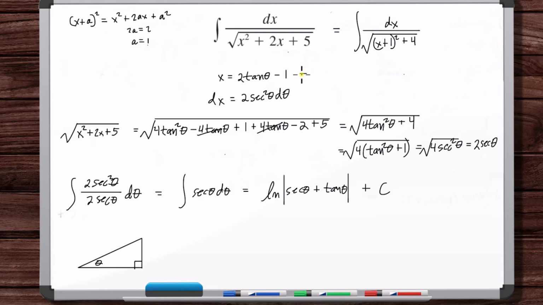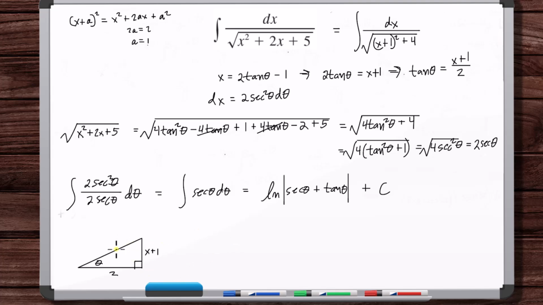We've got 2 tangent theta equal to x plus 1, so tangent theta is equal to x plus 1 divided by 2. Tangent theta is opposite over adjacent, so this is x plus 1, and this is 2. What's the hypotenuse?